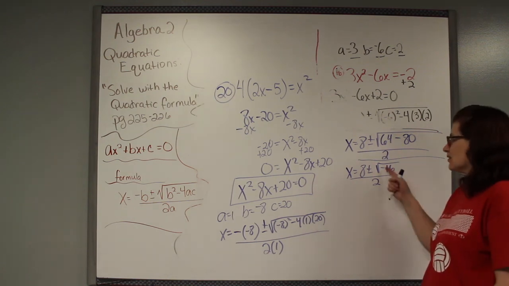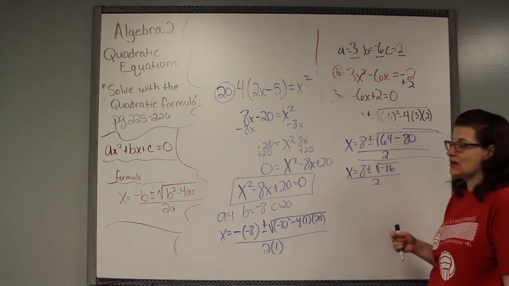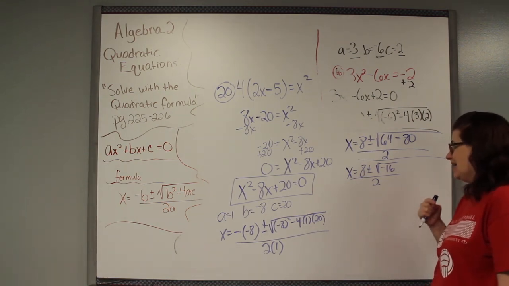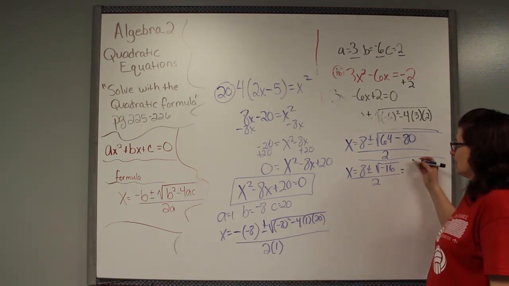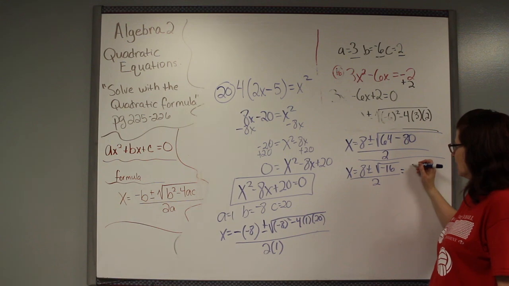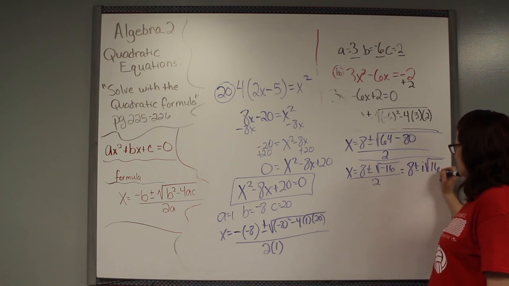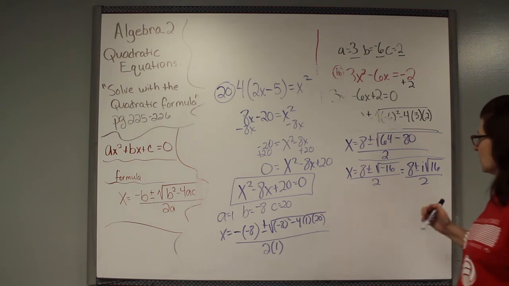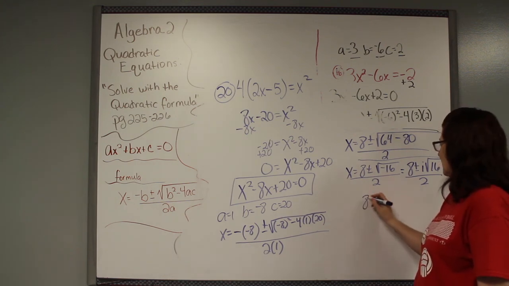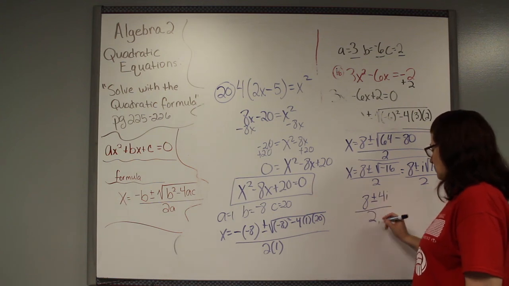Okay, now there's a negative under a radical, and if we're dealing with square roots, that's a no-no. That's an imaginary number, so you're going to have to pull that i out. Okay, so this is really going to look like, well, I'll do it step by step. But the square root of 16 is 4, so it really should look like 8 plus or minus 4i over 2.